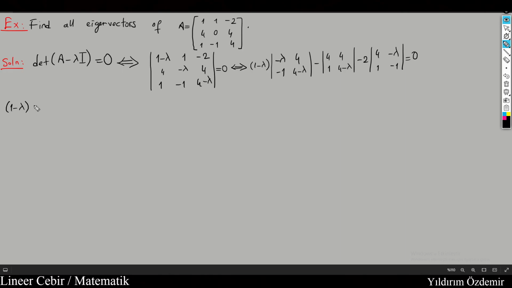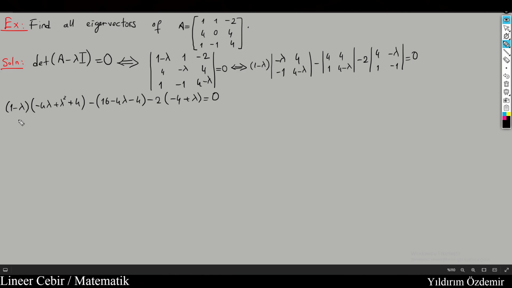Then 1 minus lambda times minus 4 lambda plus lambda squared, and this should also be plus 4, minus 4 minus 4 lambda, minus 2 times minus 4 plus lambda is equal to 0.